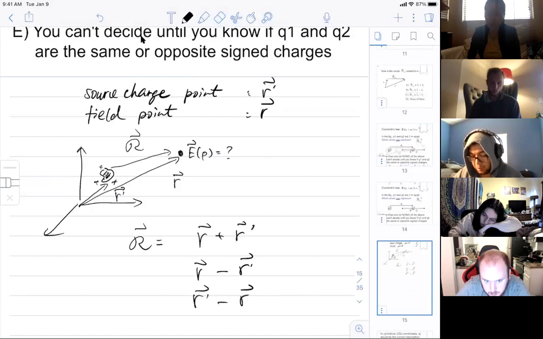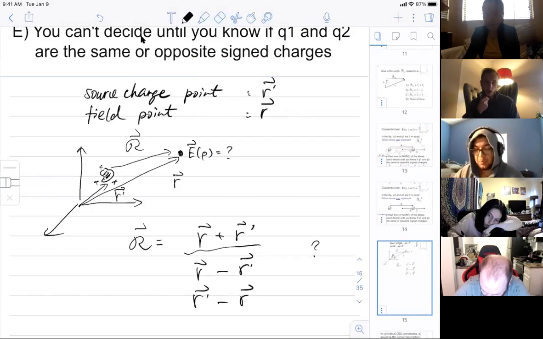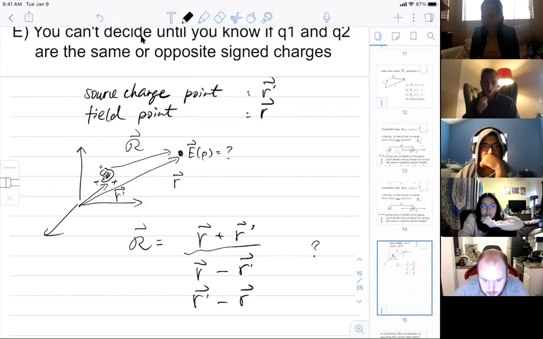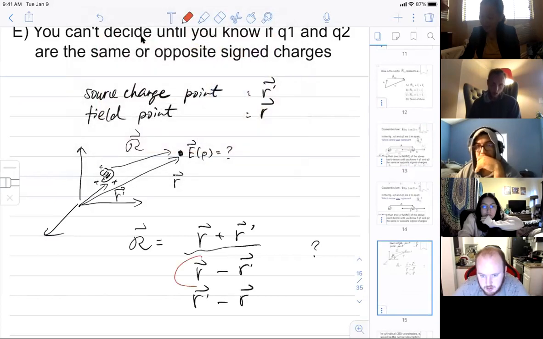It's got to be one of these, so which one? R minus R prime? Yes, it is R minus R prime. Very good.